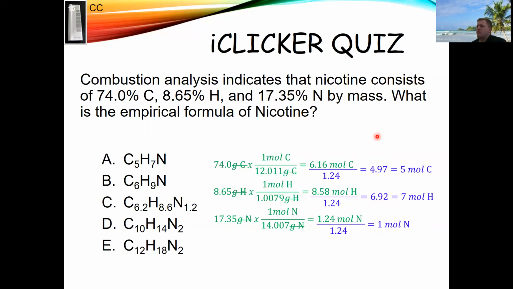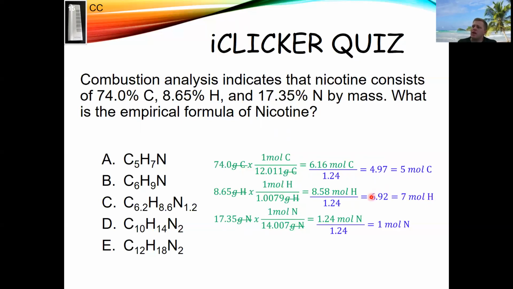Now in this problem, I will point something out, that this 4.97 and 6.92 aren't exactly whole numbers, but they're fairly close. And they're actually close enough that we're going to assume that they are whole numbers and that there is just some slight measurement error. So when can you do that with combustion analysis?